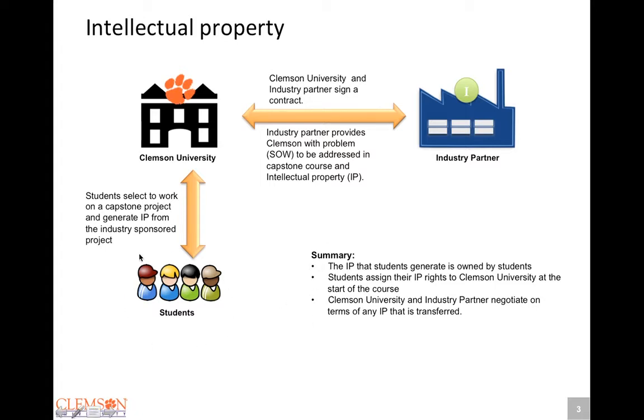Now what happens is the students down here, you are going to take a class at the university. You're paying to take that class, okay? So you're going to select to work on a project, right? So I asked you for your preferences. I asked you what sorts of projects you want to work on. And when you work on that project, you're likely going to generate some IP, okay?